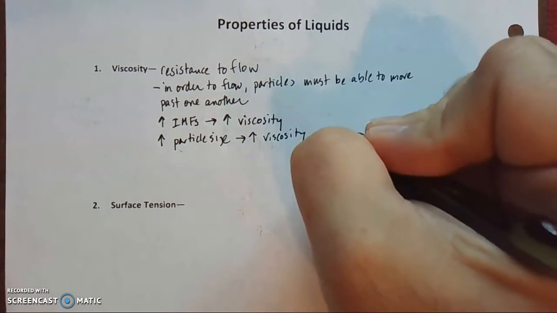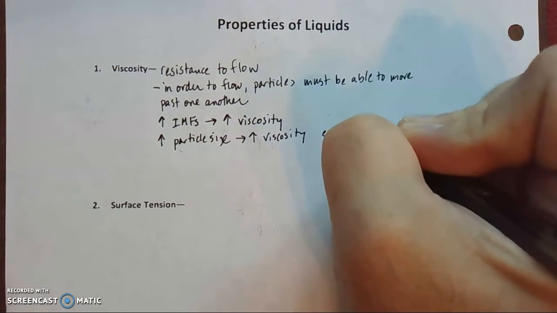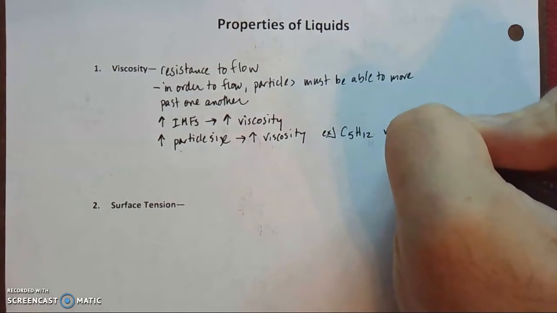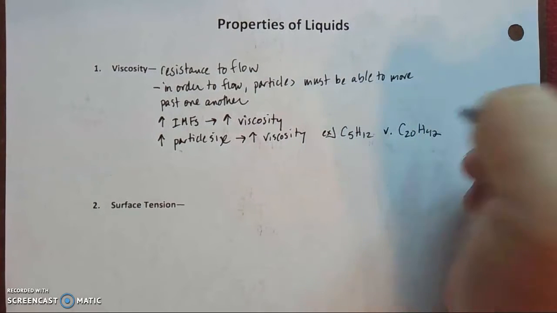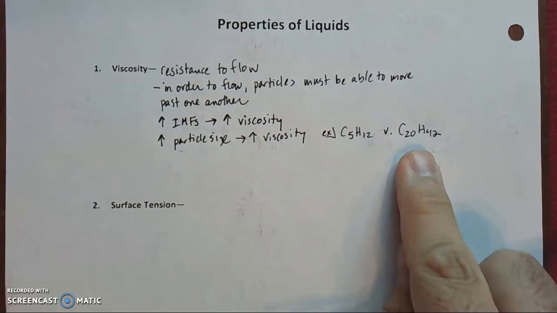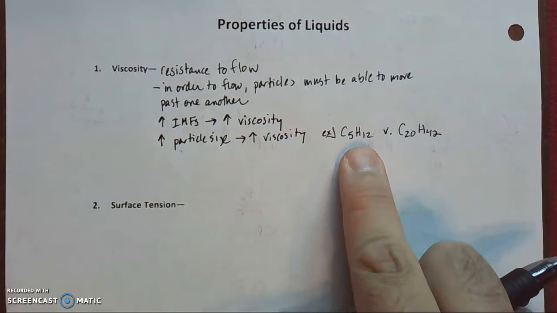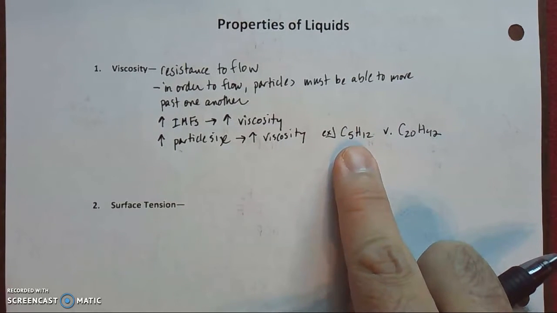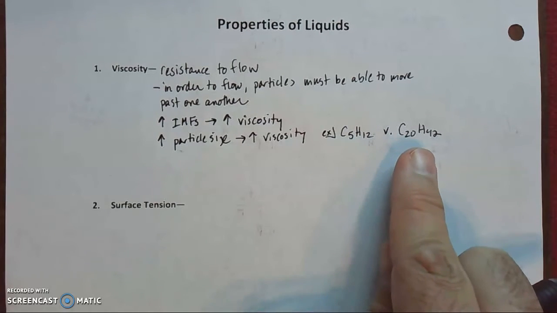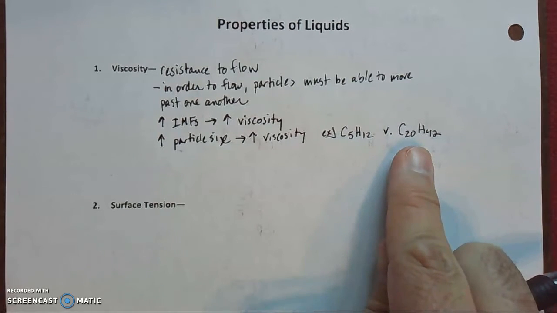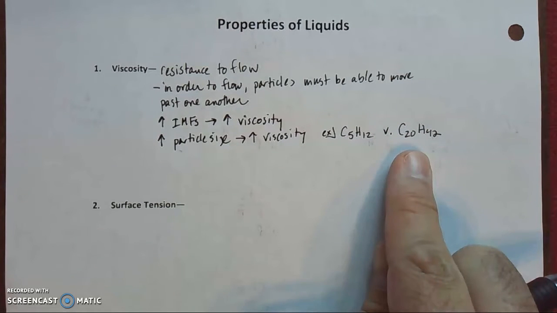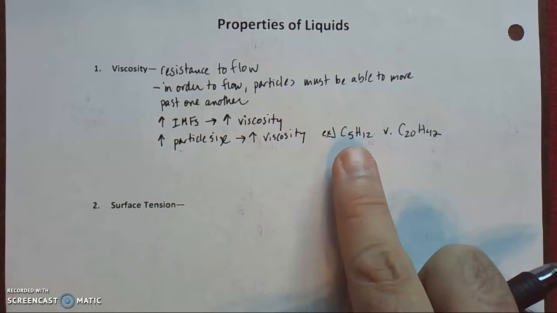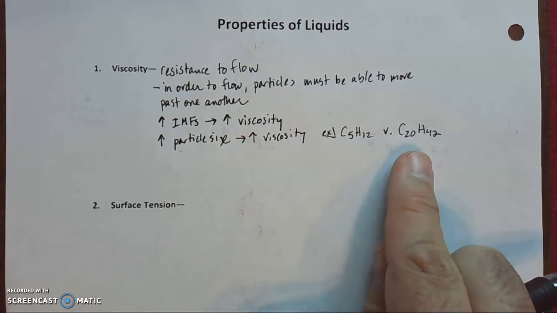So if we have something like C5H12 versus C20H42, this one is going to be much more viscous than this one. This is pentane. This is a liquid at room temperature. As the particle sizes get bigger, C20H42, which is called icosane, is going to be more solid. So we end up increasing the viscosity so much that it turns into a solid.